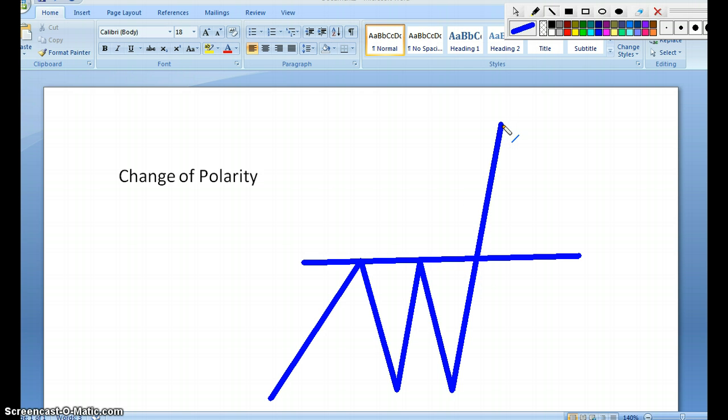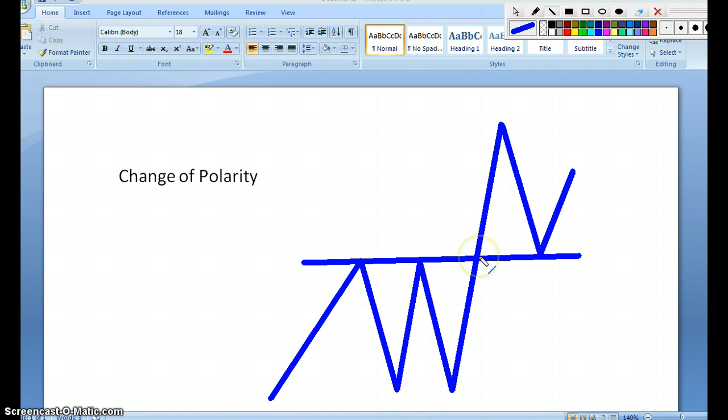Usually if prices retrace and they get back to this point, they tend not to want to break this point. They tend to want to come back here and bounce back up. So what's happened is this previous resistance point has changed from being a point of resistance where prices bang their heads up.